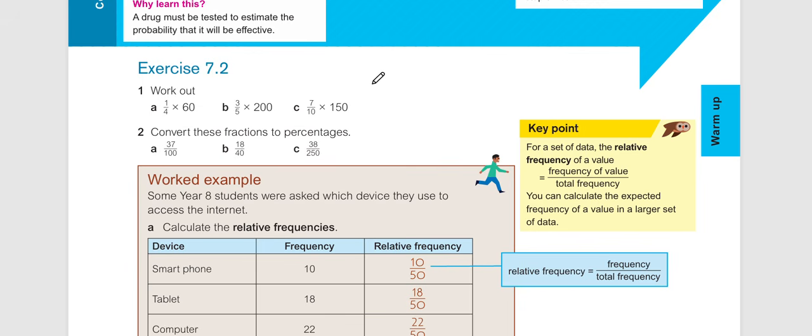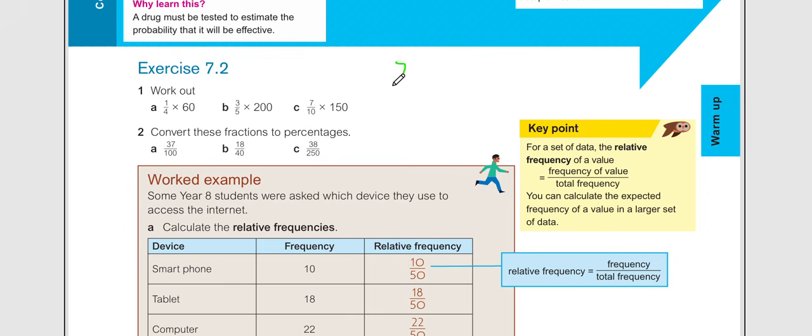For question 3, it's 7 upon 10 multiplied by 150. Equals 105. What is your answer? 105. Okay, so how do we do it? If we have to divide by 10, and there's any 0 on top, you can straight away cut it.